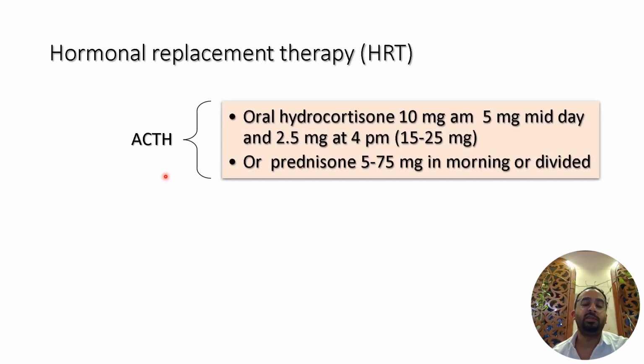In case of ACTH deficiency, we do not give ACTH; there is no role for giving ACTH as a treatment of adrenal deficiency. Instead, we treat with either hydrocortisone 15 to 25 mg divided, or prednisolone 5 to 7.5, not 75, 7.5 milligrams in the morning or sometimes divided.